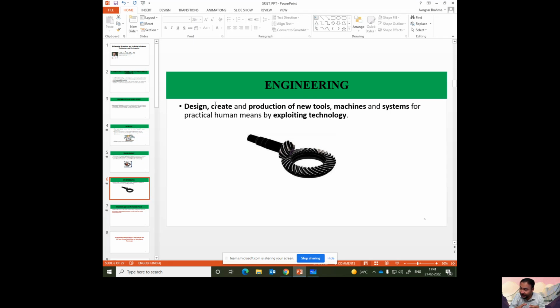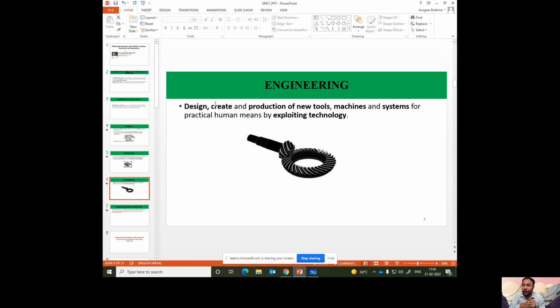After doing the observations for the society, for the use of the human purpose, we develop some new skill, we develop some new methods, techniques. Then after getting the techniques, skills, and solutions, we try to create some design, we try to create some tools, we try to produce some new systems that can be applied for the society. So this is called engineering.